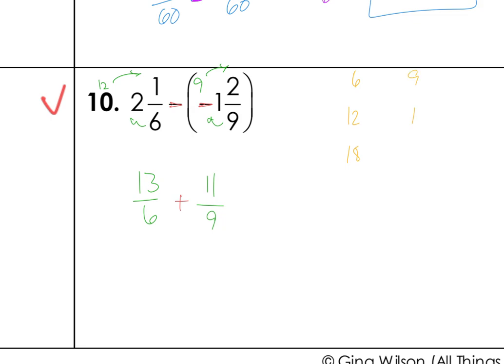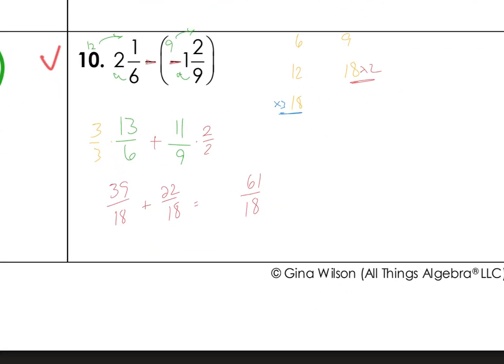Aha. 9 and 18. We multiply this by 3 over 3 because there's times 3 to get 18. And we multiply this by 2 over 2 because it's times 2 to get 18. We get 39/18 plus 22/18. Let's see, that's 61/18.